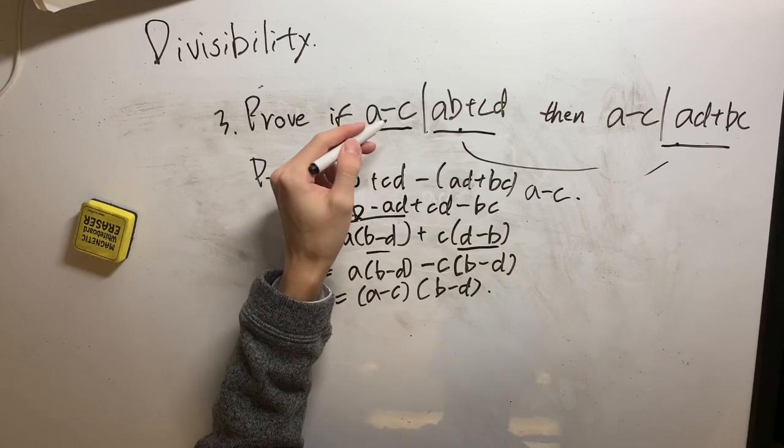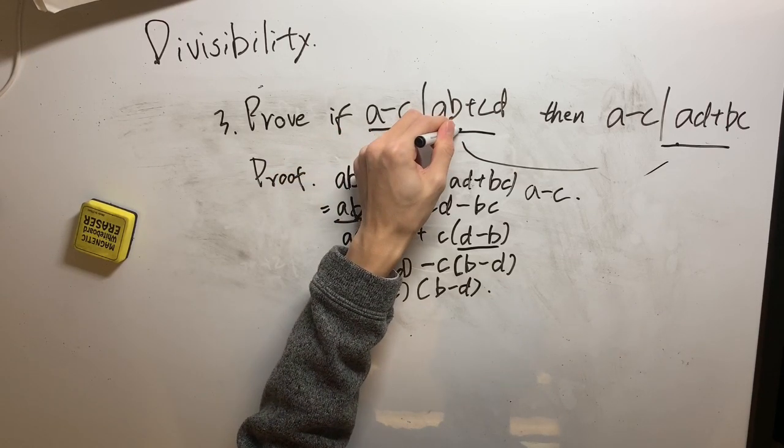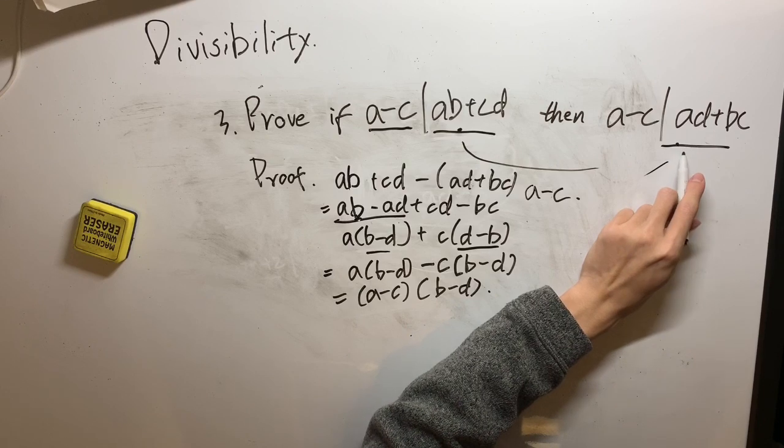Thus, a minus c divides the first expression minus the second expression.